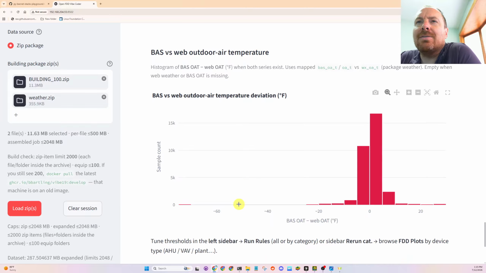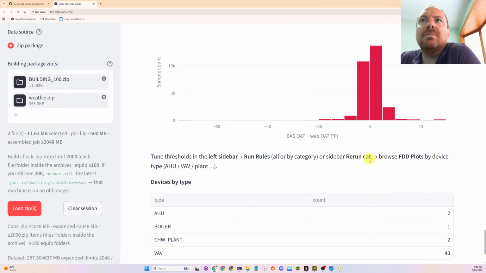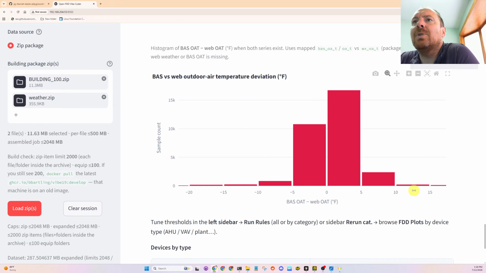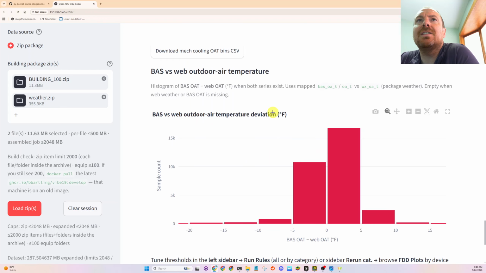Okay, so this is the building automation system versus web weather. This is a histogram. This might need to get redone here a little bit. We had a better histogram before. So this is the deviation, building automation system minus outside air temperature, as a histogram.